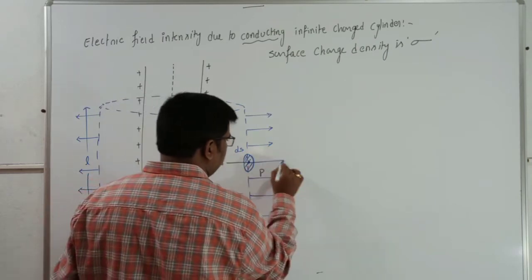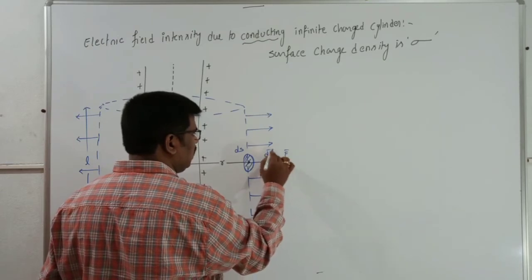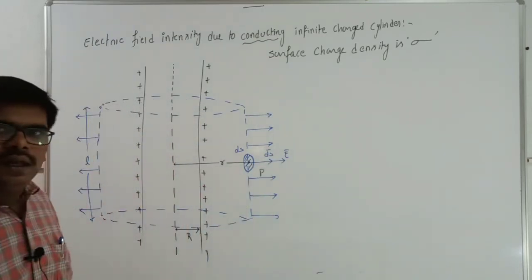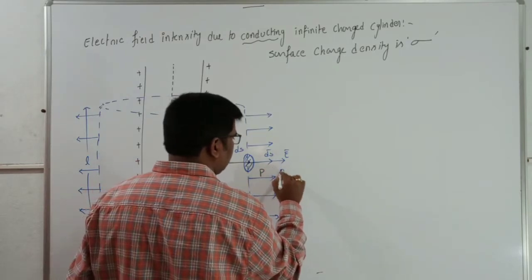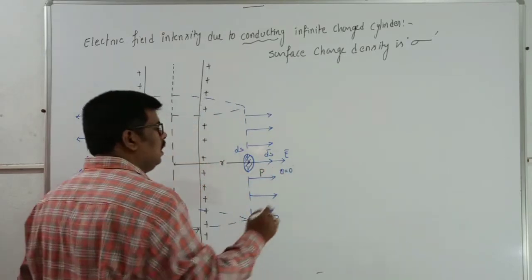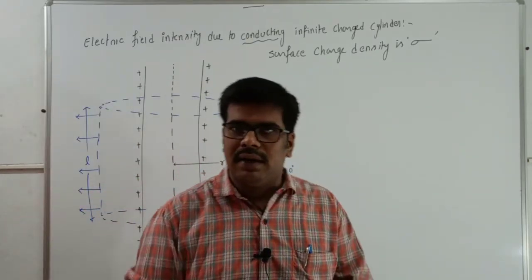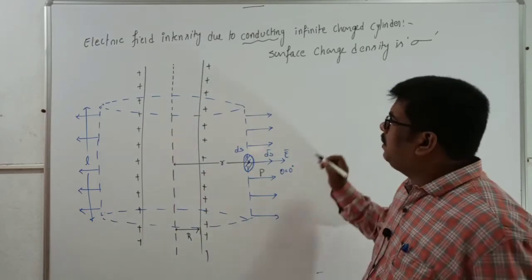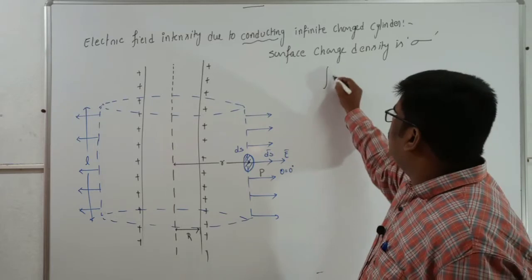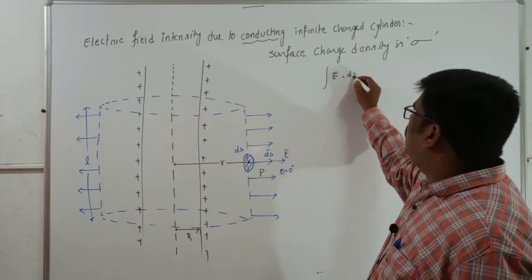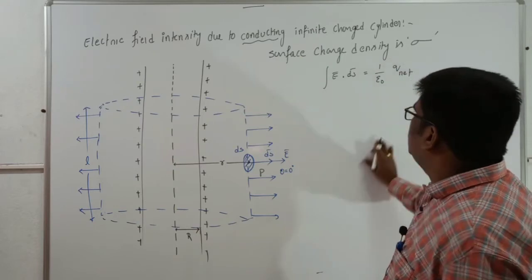The electric field intensity E and the area vector are both along the same direction, so the angle theta between the electric field and the area vector is 0. Now we apply Gauss law. Mathematically, the integral of E dot ds equals 1 by epsilon naught times the net charge enclosed.